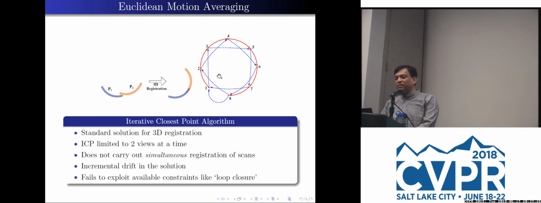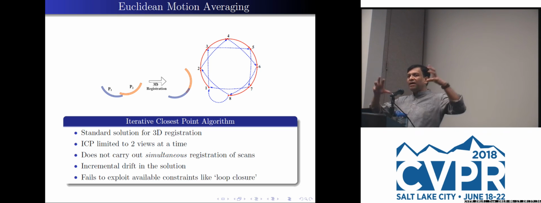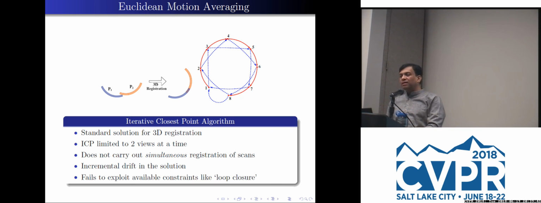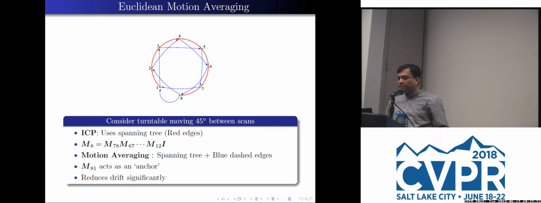So what is that going to do? That is going to force my errors to be redistributed more uniformly. That's the whole key that motion averaging is leveraging, right? If you take all the relationships simultaneously together, then you can enforce that they are as consistent as possible. So the errors get distributed more uniformly than if you were to just allow a causal kind of relationship, in which case you will have drift.